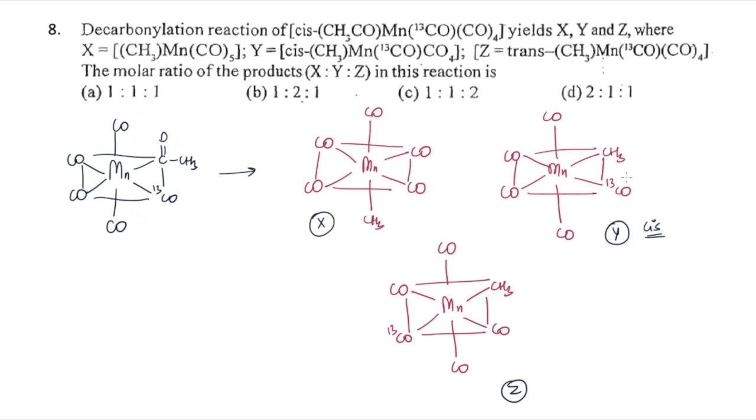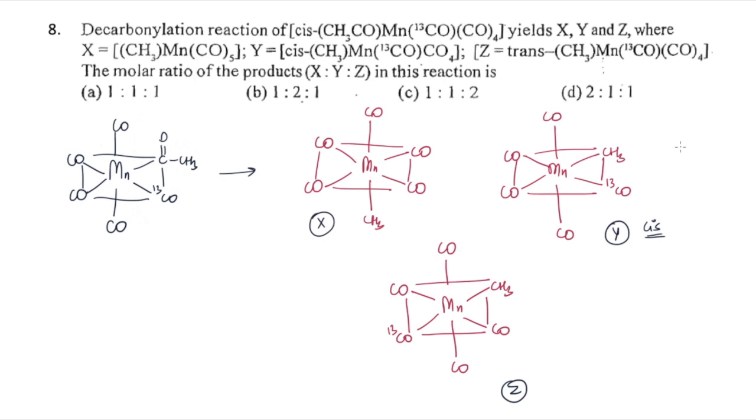If you talk about Y, in how many ways can you form this cis product? This is one of the products which I have shown, where these two groups are cis to each other. There can be one more possibility, right? In that possibility, if you want to draw these groups as cis to each other, I can just place this methyl group at this particular position.